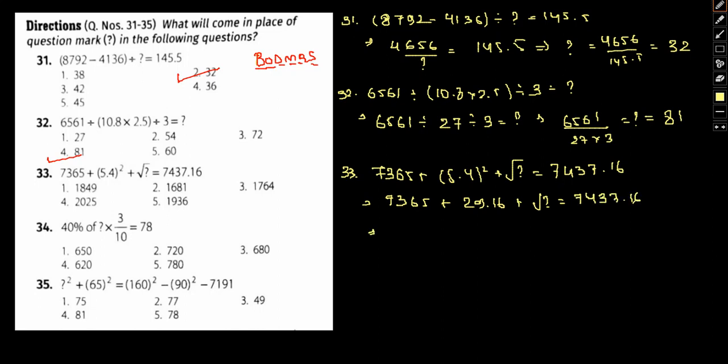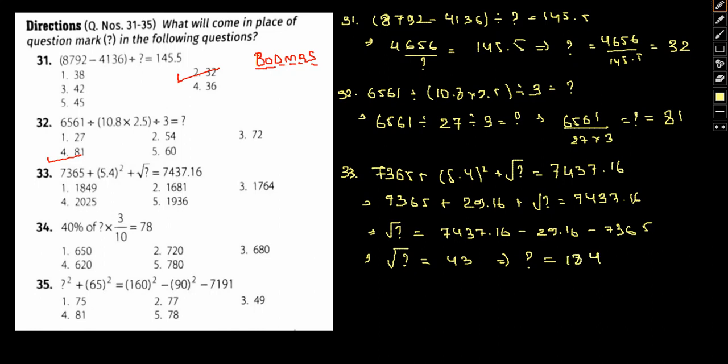So root under question mark can be given by 7437.16 minus 29.16 minus 7365, that is root under question mark will be 43. Okay, so squaring both sides, therefore question mark will be equal to 43 square, that is 1849. So 1849 will be our answer, that is option A.